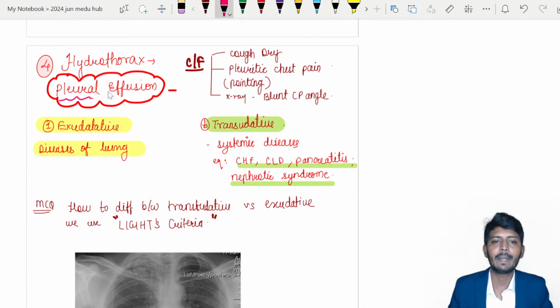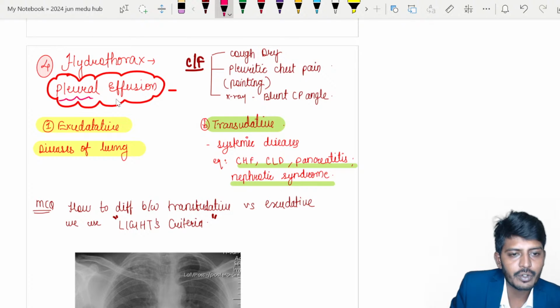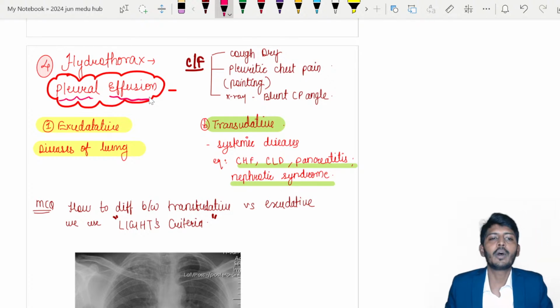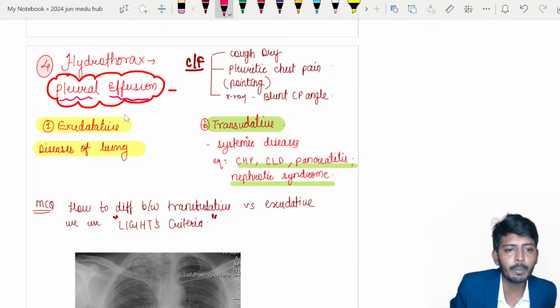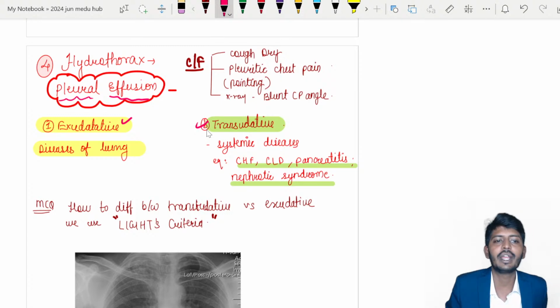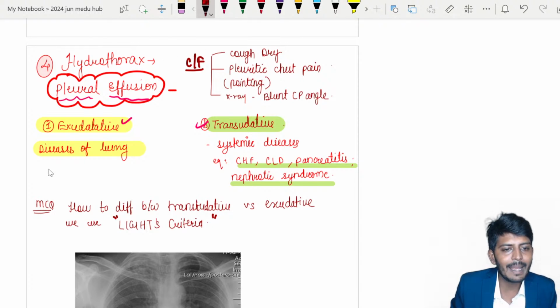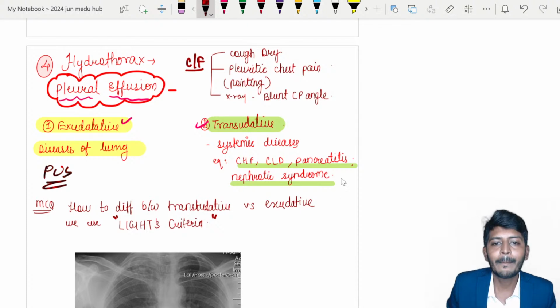Pleural effusion, which is also called pleurisy, will occur as a result of either exudative pleural effusion or transudative pleural effusion. So what is exudative and transudative? In exudative pleural effusion, usually a pus-like accumulation is present. But in transudative, usually a clear fluid is accumulated.